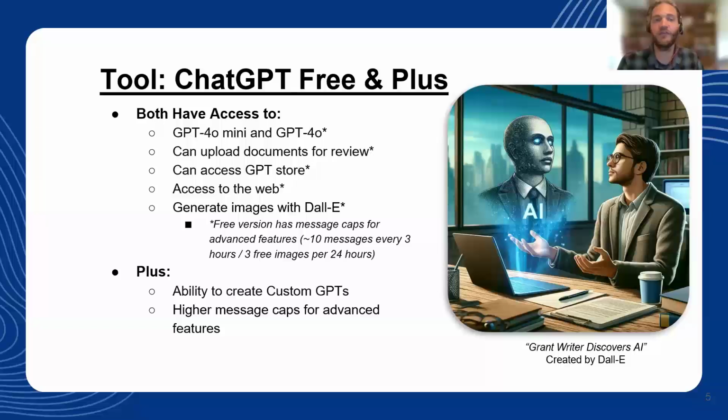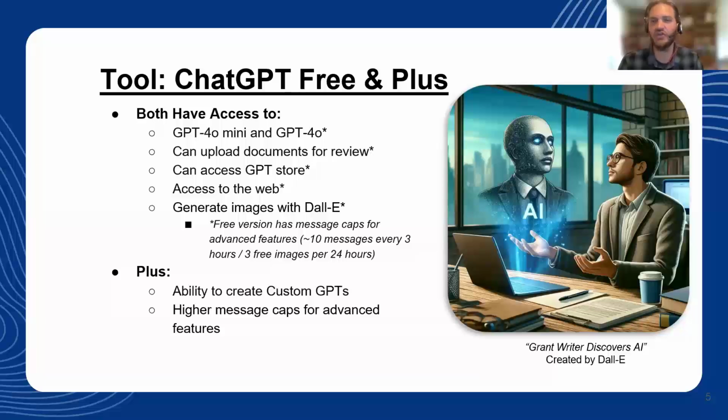But the big thing with the free version is the message caps. So all of these advanced features, things like uploading documents, accessing the web, using DALL-E, have message caps. And it does vary a little bit depending on the demand at the time. What I've seen with my free account is you're probably going to get about 10 messages every 3 hours for things like using GPT-4o or accessing the web or uploading documents.